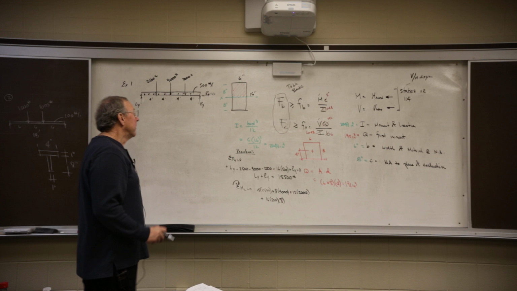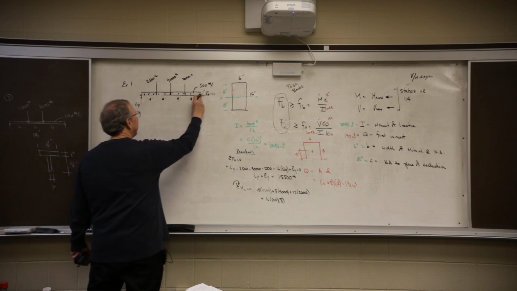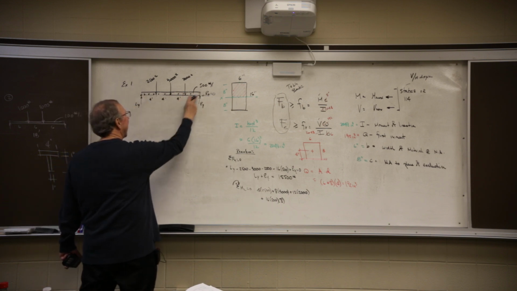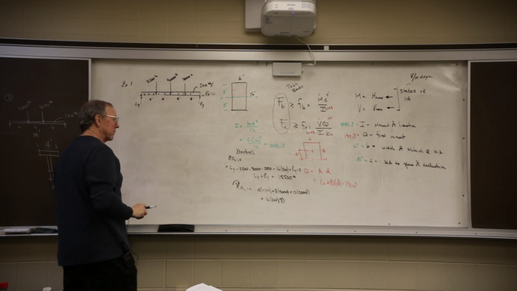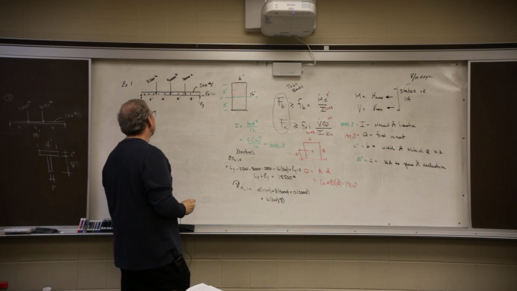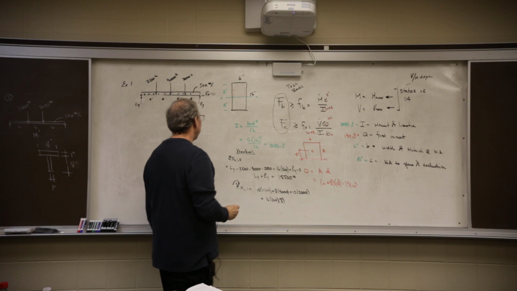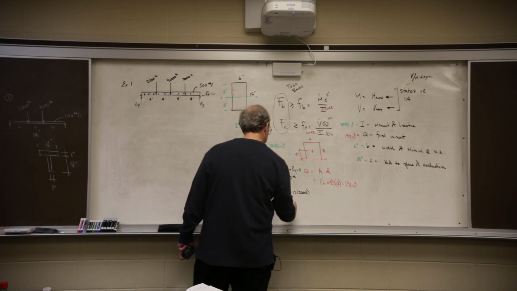Why 8? 16 times 500 gives me the area, at X in the center, so it's 8 feet, and it's minus 16 RY.